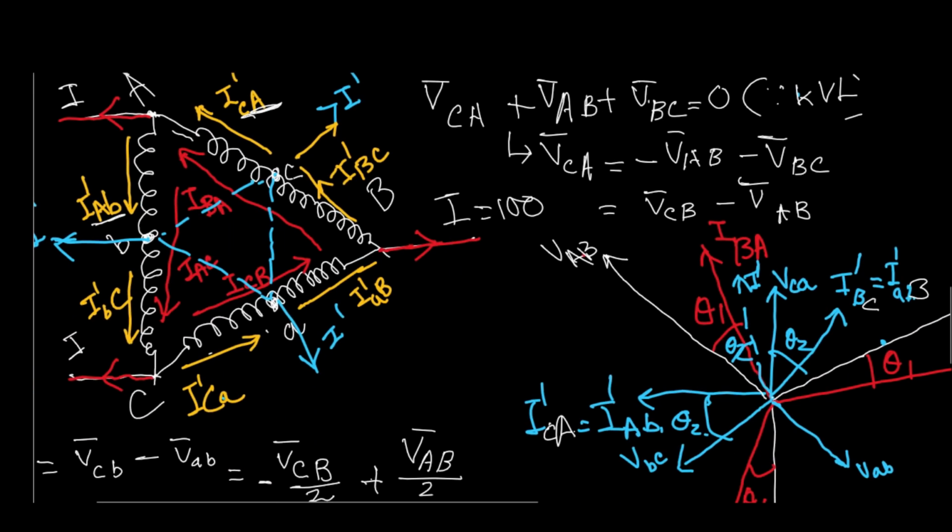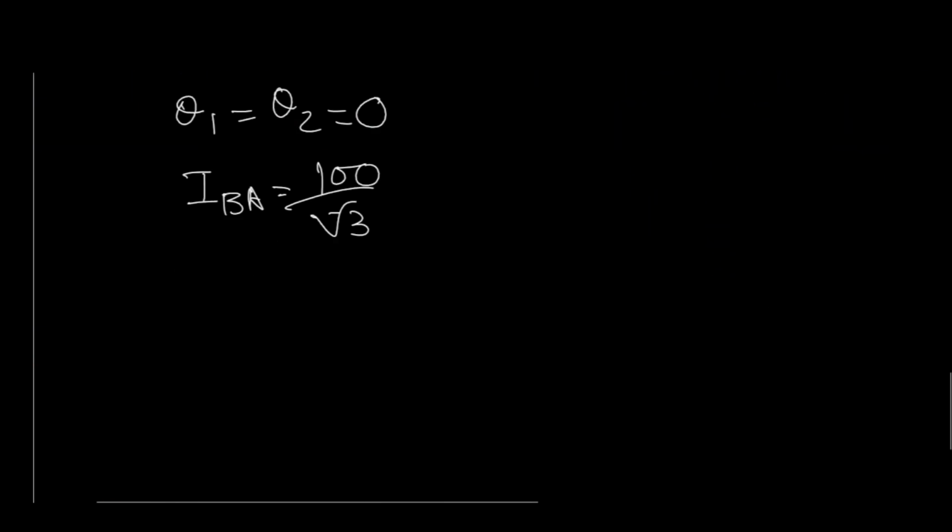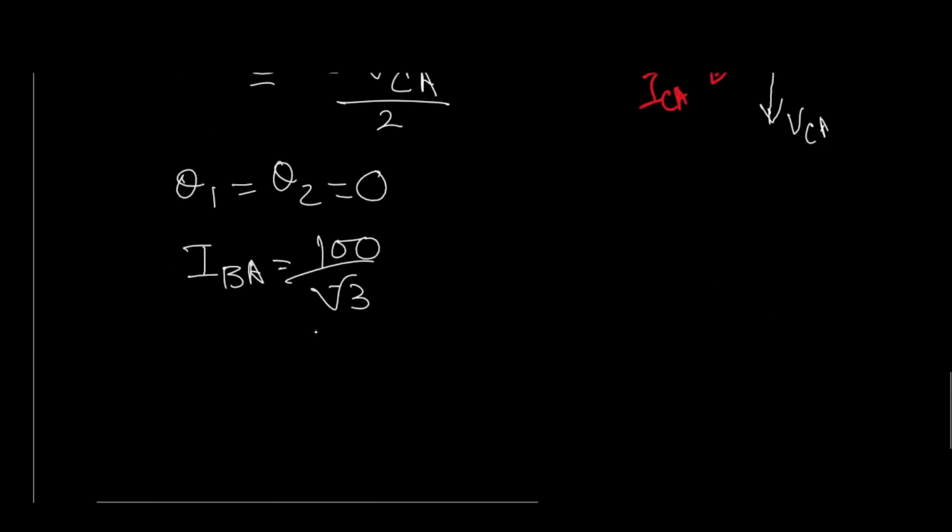Now what about that another part? This I dash is also how much? I dash is also 100. So what we can say is that this will give you 57.8 ampere.